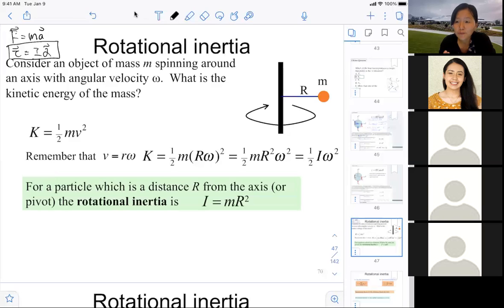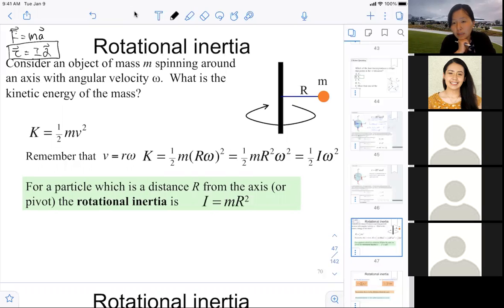If an object has more rotational inertia, it will be harder to give it an angular acceleration. So if it was originally at rest and you wanted to make it start rotating, the more rotational inertia you have, the harder it is to rotate.